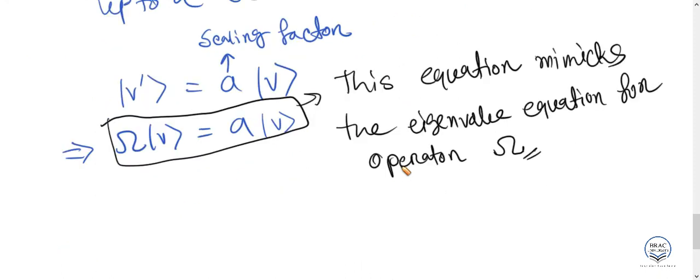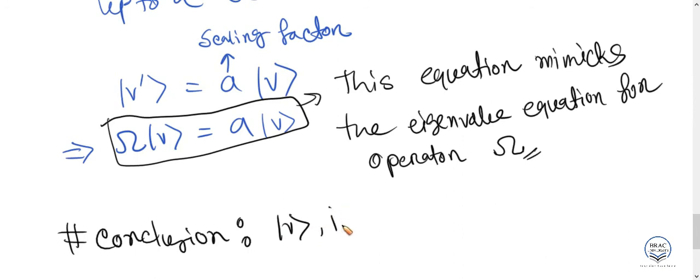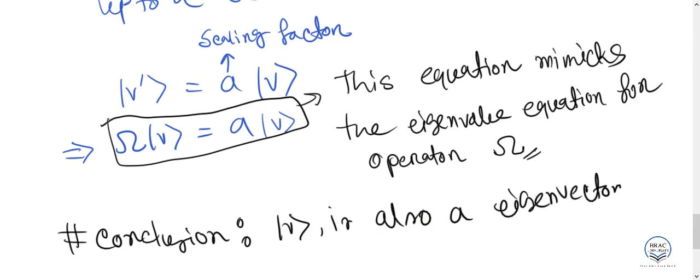So finally we came to the conclusion that, let me just write it down so that you can recall it better, the conclusion is that v is also an eigenvector of omega.